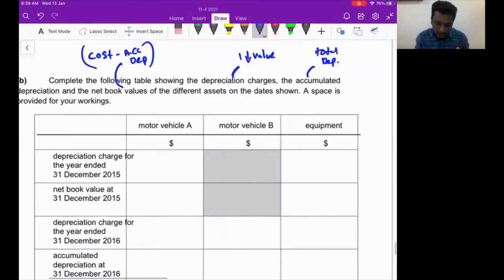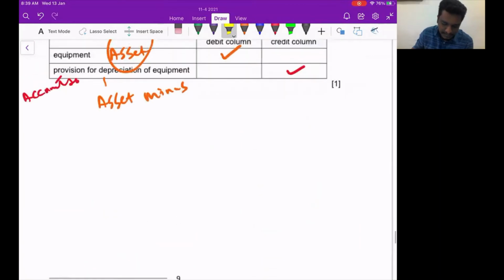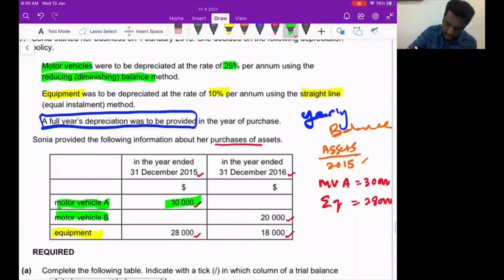So now for motor vehicle A, depreciation charge. They want the depreciation charge for motor vehicle A in the year 2015. So I check the depreciation for motor vehicle A. Motor vehicle A is 30,000. And what is the percentage? 25%.